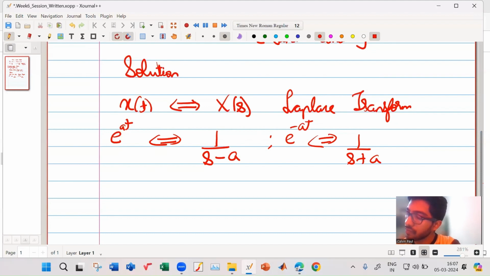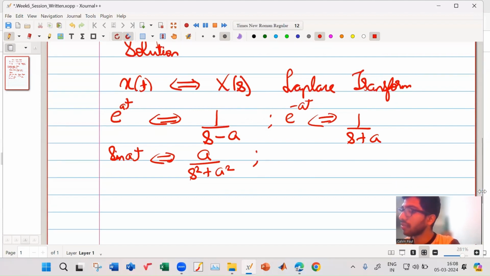Then one more aspect: consider sin at. What is the Laplace transform of sin at? a by s square plus a square. Yes, these are important ones.